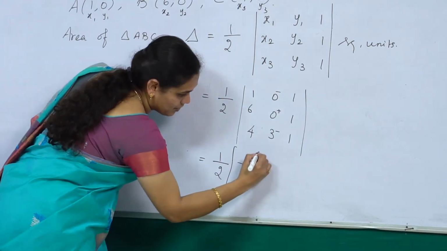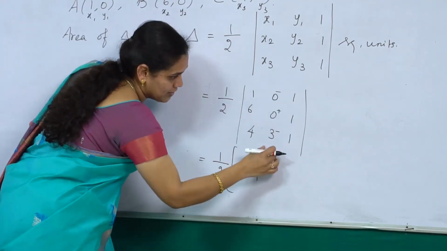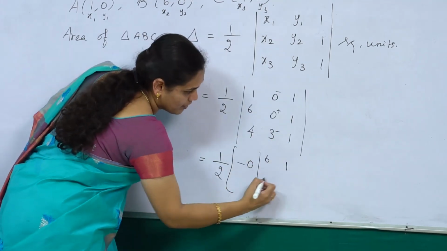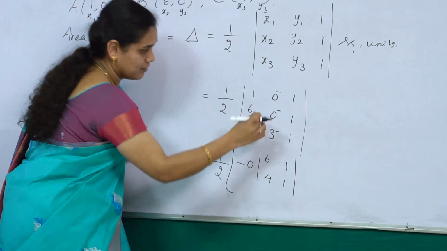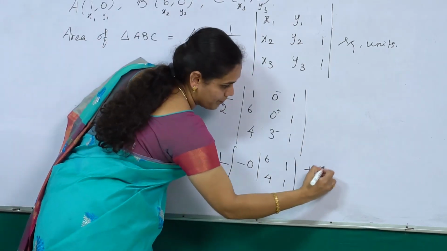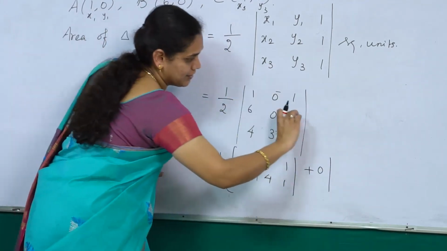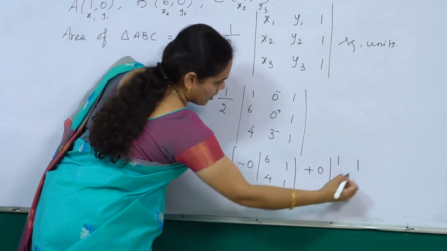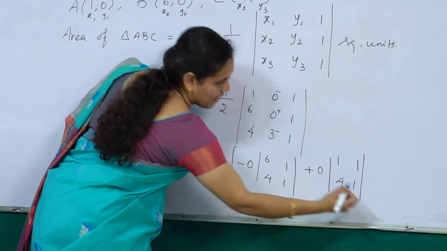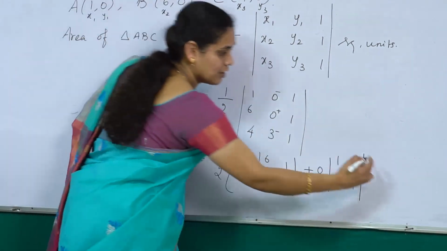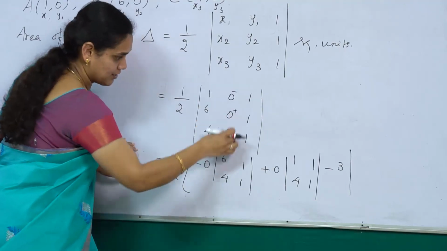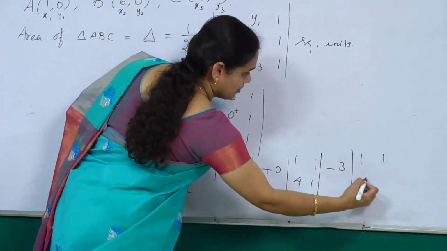So minus 0 into, if you delete this column and this row, we get 6, 1, 4, 1. And if you take this 0, if you delete this row and this column, we get these 4 elements: 1, 1, 4, 1. And if we expand this, if you delete this row and this column, we get 1, 1, 6, 1.